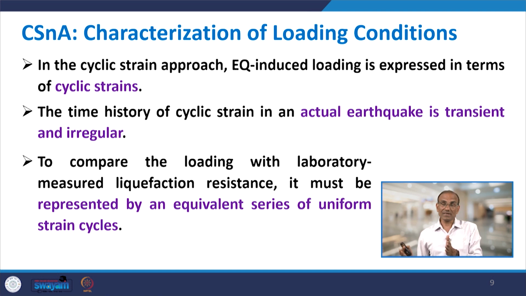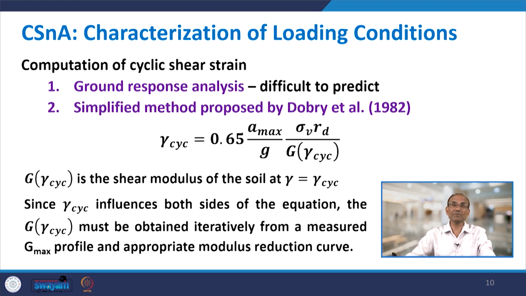that to find the liquefaction resistance using the laboratory data, you need uniform loading, that means uniform amplitude, and for that we apply a factor of 65%; if you recall, τ_cyclic was 0.65 τ_max. Similarly, in this case also the computation of cyclic shear strain is done from the simplified method, because computation of cyclic strain using ground response analysis is difficult.